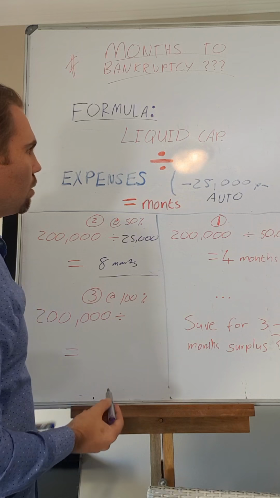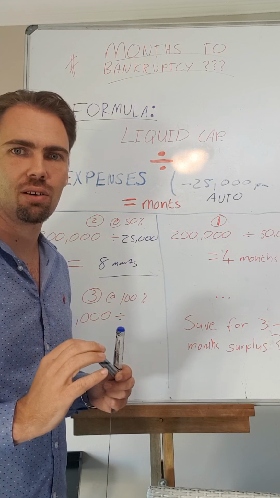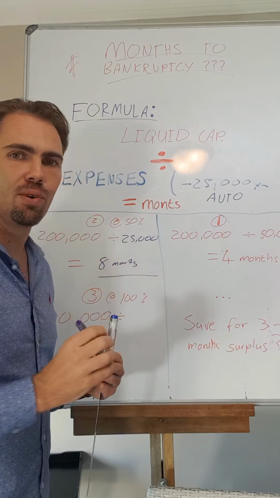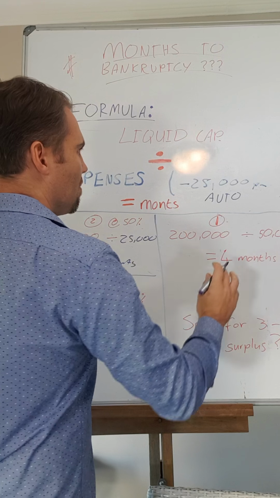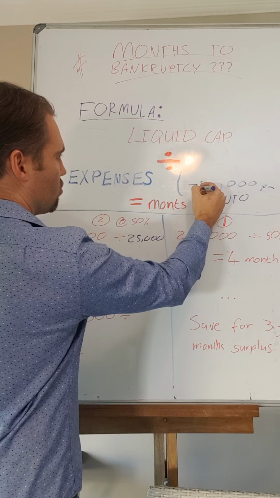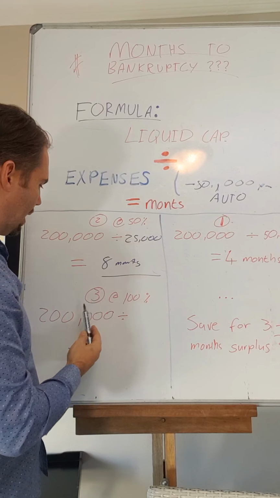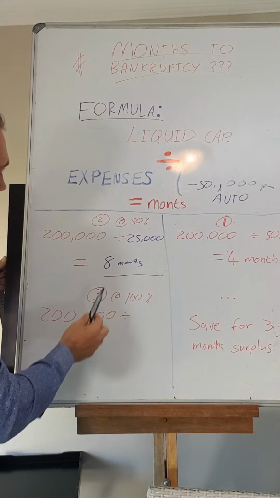Let's say I'm able to actually automate 100% of my calculation. What would my number of solvency months then be? Right? So if my expenses are 50 and I subtract 50,000 of automated income, my calculation looks like this. Same thing.